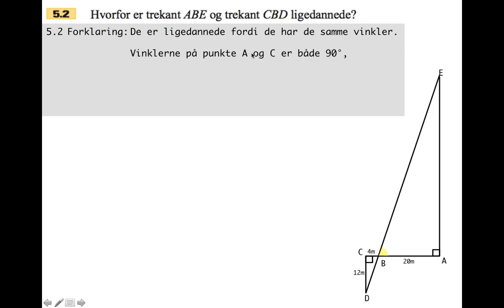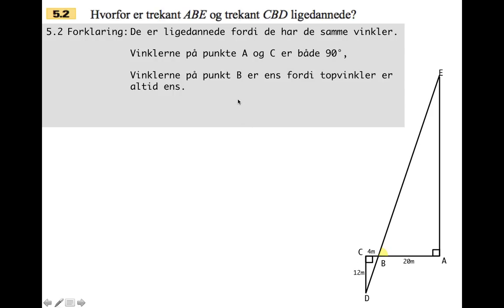So the angles at points A and C are both 90 degrees. They've told us that because they've put little square marks on A and C telling us that they're both 90 degrees. The angles at point B, that's here where they cross over, are equal because, that's called opposite angles in English, Topwinkler. They're always equal. So when you've got two lines that cross over, then the angles opposite each other are always equal.